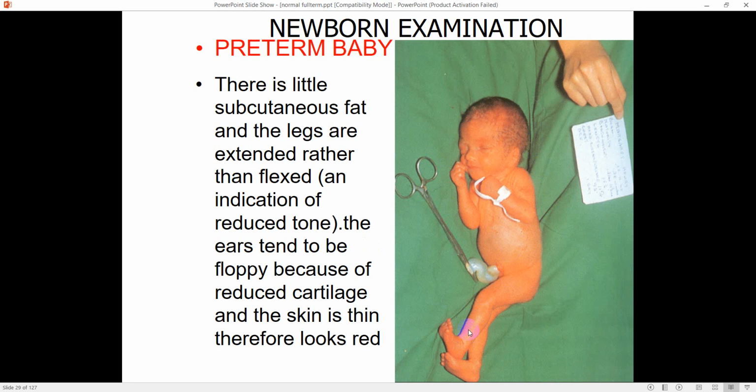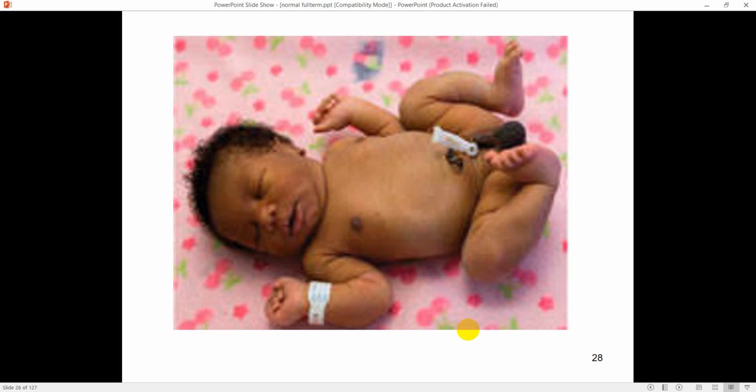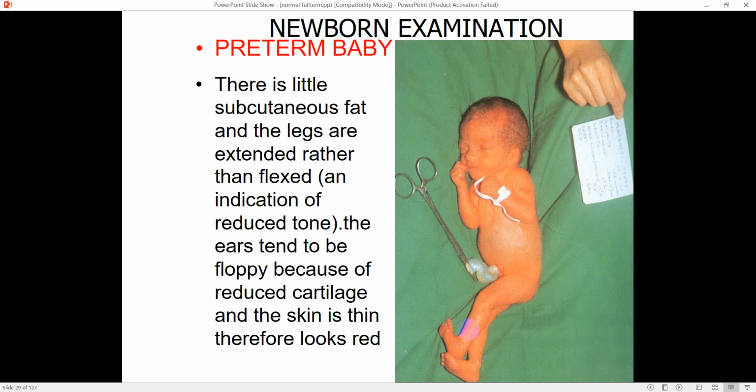But in the full term, in the previous picture, we saw flexion of the upper and lower limbs. Here is flexion of the upper limbs and extension of the lower limbs. Also, he is characterized by a small amount of cartilage in the ear and a small breast bud. The details of the features of the preterm baby will be left to the lecture on prematurity.